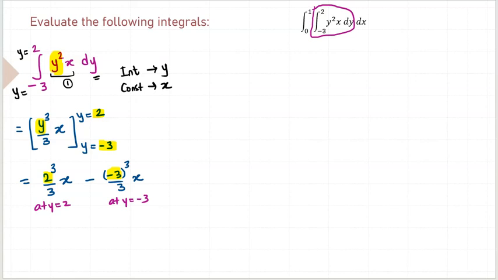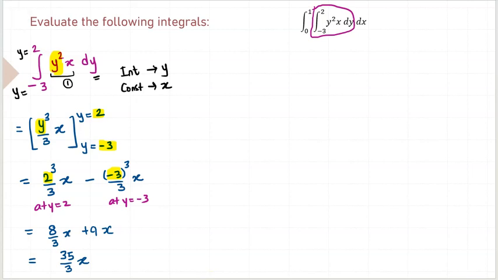When you simplify, what do you get? 8 over 3 x minus 3 times, so it becomes plus, 3 3s are 9, 9 to 27 over 3, so you get 9x. Now both are terms with x, so you can add them. So you will get 35 over 3 x. If you want, you can write it in decimal as well.